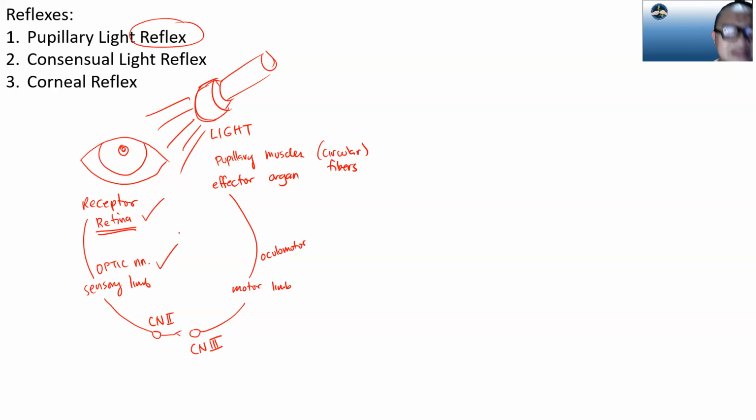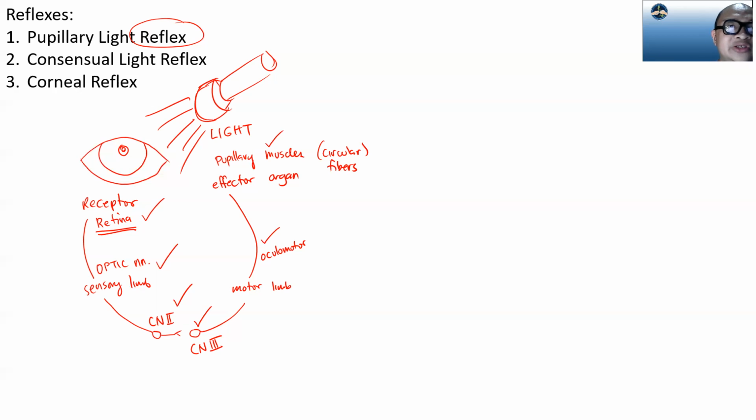You have proven that the optic nerve is intact. You have proven that the cranial nerve 2 nuclei, that's in your brain, are intact. Your cranial nerve 3 nuclei, which is in your midbrain, are intact. Your cranial nerve 3 nerve is intact. And your pupillary muscles are intact.